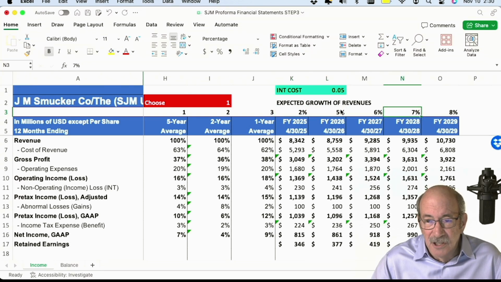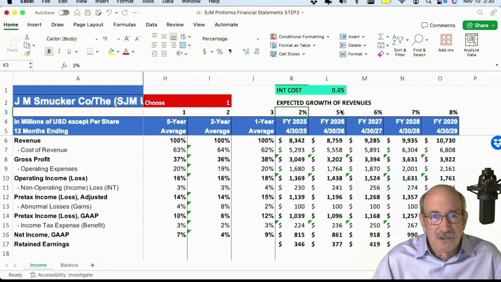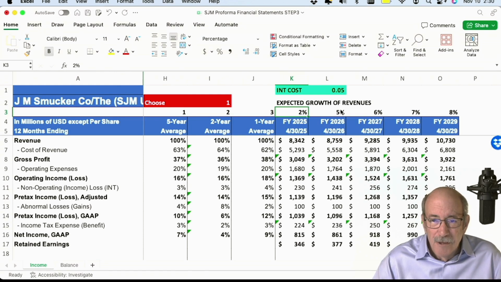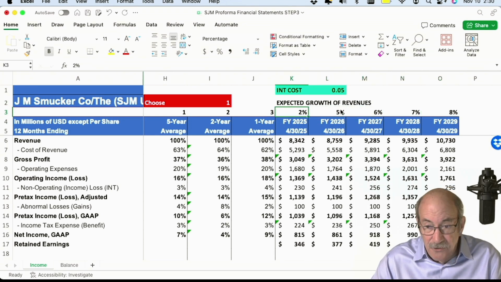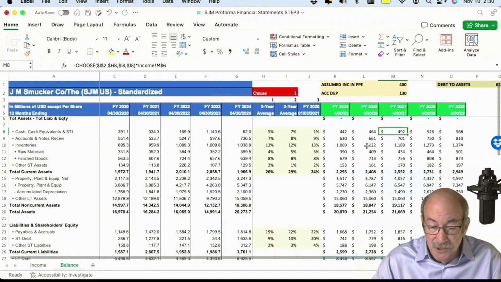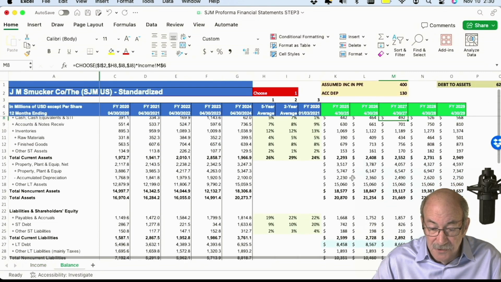But this kind of format gives me the flexibility to change that around with ease. And by the way, basically everything is driven off of these growth rates. I make one change to the growth rate and all of the numbers are going to shift around. The same with the balance sheet. The balance sheet is going to shift around as well at the same time.